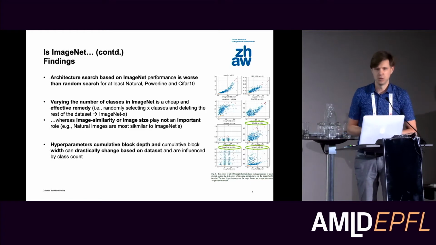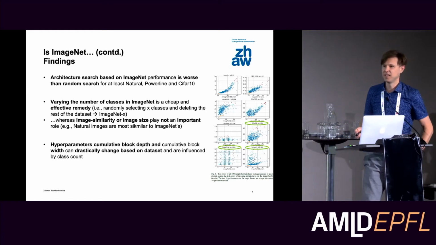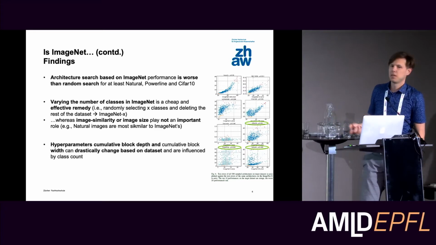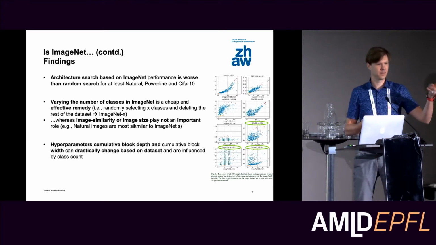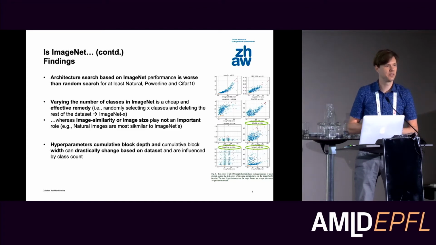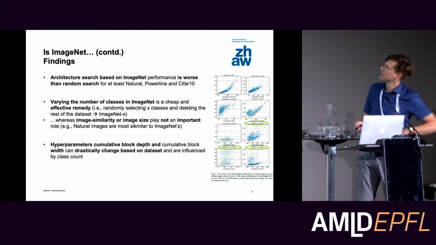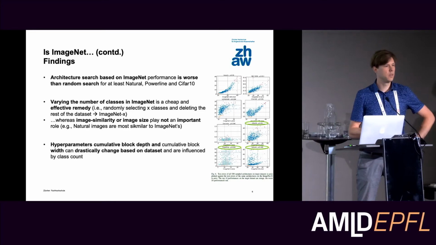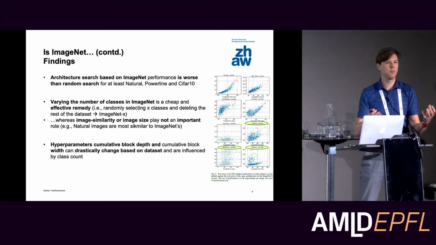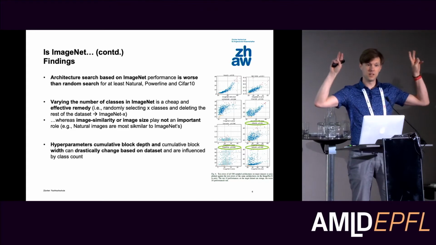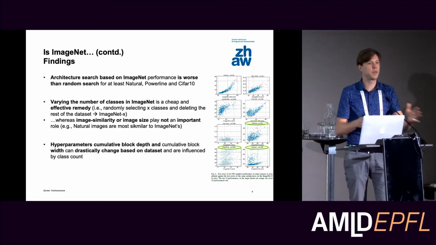Okay, I guess we all suspect it. The interesting thing is, first, how bad it actually gets, that it is negatively correlated. Well, this is really bad. And the other interesting thing is, okay, what are the influential parameters of the data sets? What actually makes a data set similar to ImageNet with respect to performance?